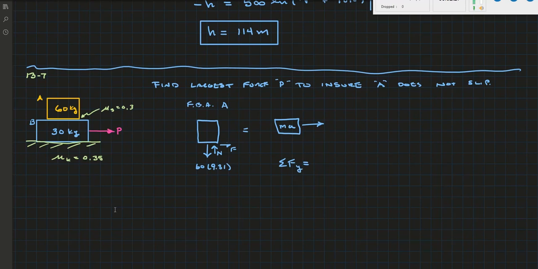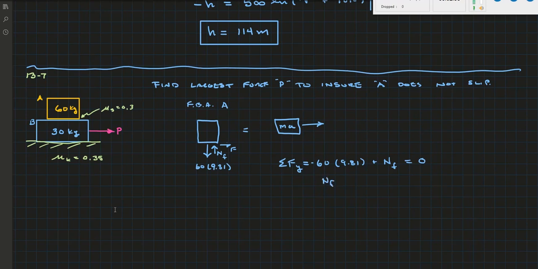Force in the y direction equals negative 60 times 9.81 for the weight, and then positive with our normal force. Let's put an F here so we don't confuse that with newtons. We don't have any acceleration in the y direction, so this equals 0.